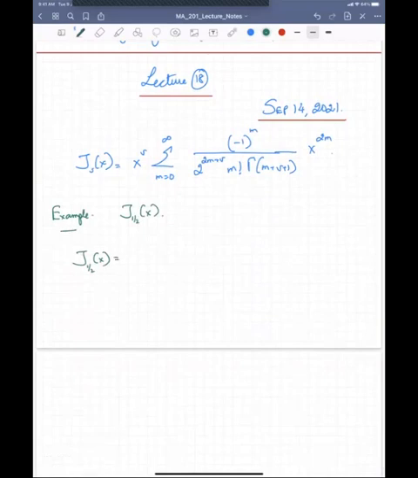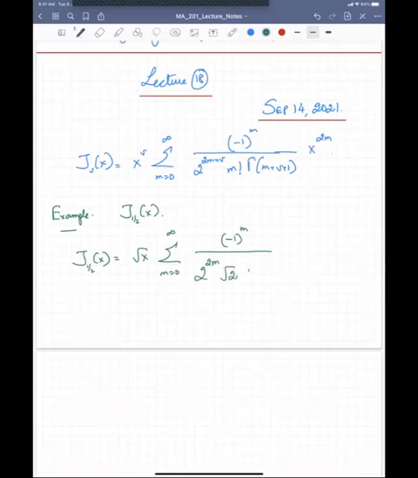Let us put nu equal to half in this series and evaluate this explicitly as an example. So x to the nu, which is square root of x, sum over m equals 0 to infinity, (minus 1) to the m, over 2 to the (2m plus nu). Nu is a half, so I have a square root of 2, m factorial, 1 over gamma of (m plus 1 plus a half), which is m plus 3 halves, x to the 2m.